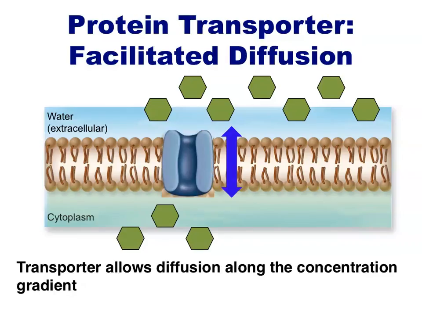If we add a protein channel that is specifically shaped for a certain sugar, such as glucose, the molecules can move back and forth between the two sides of the membrane.